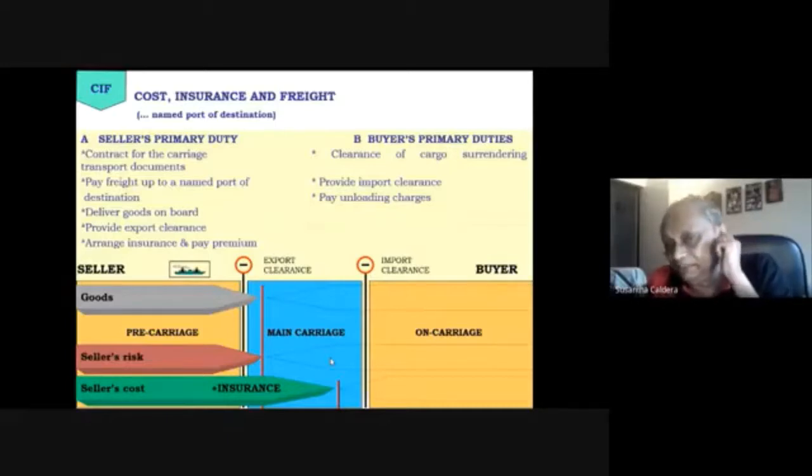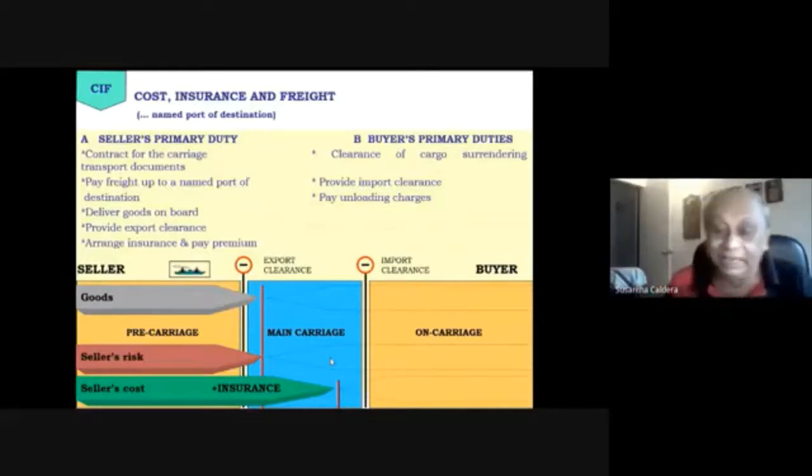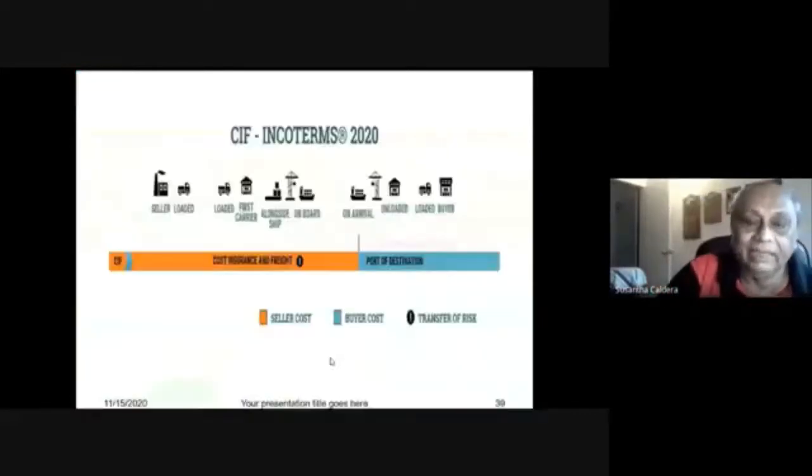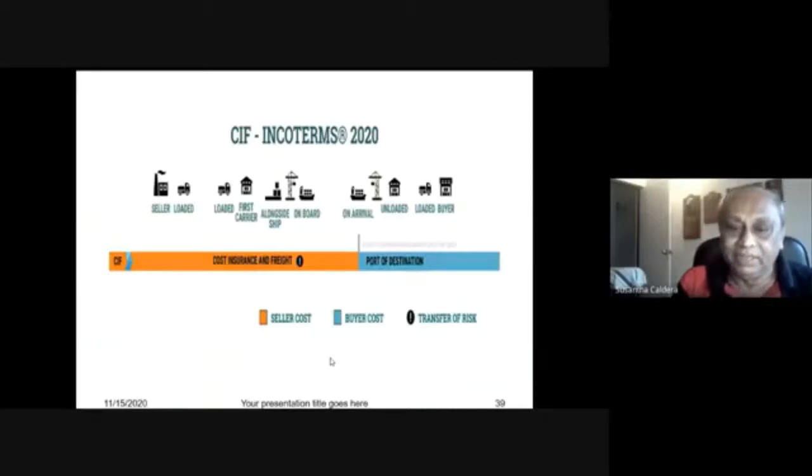Unloading charges happen in the buyer's country. Until arrival, all the cost, insurance and freight is handled by the seller. The transfer of risk happens at the time of on board. On board is when the risk transfers.